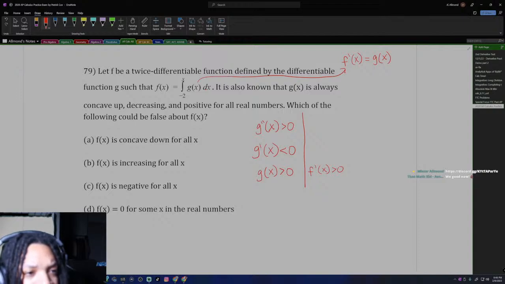Now if g prime is negative, that means f double prime of x is negative. Now g double prime would be f triple prime. What does f triple prime tell us?